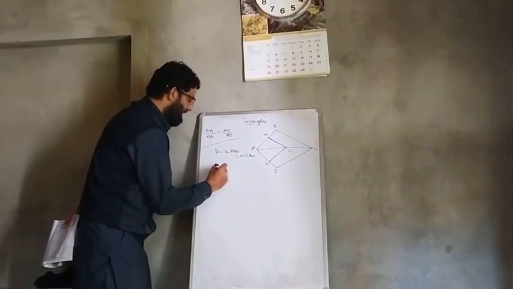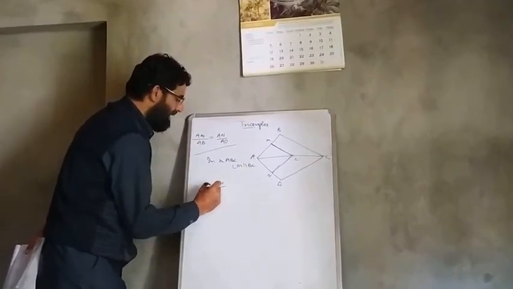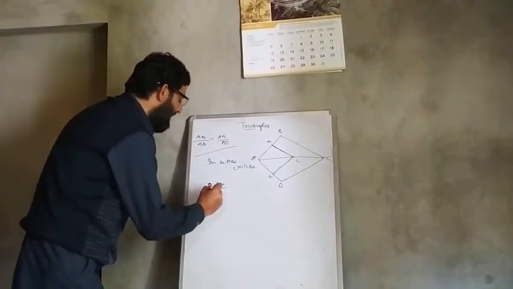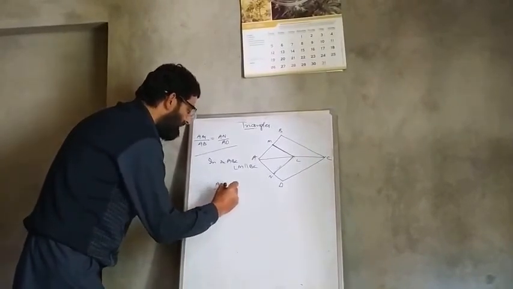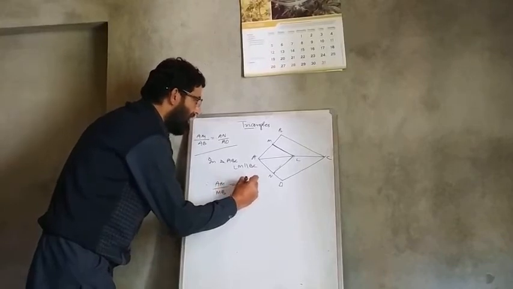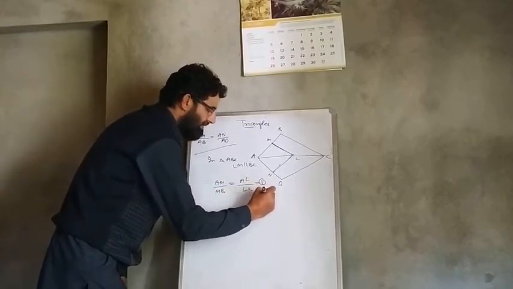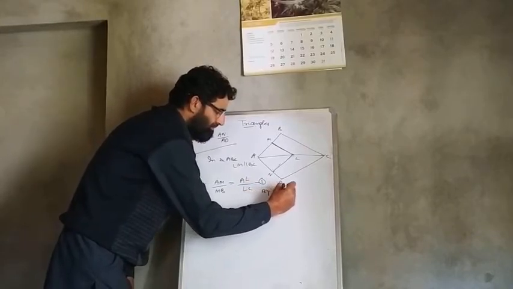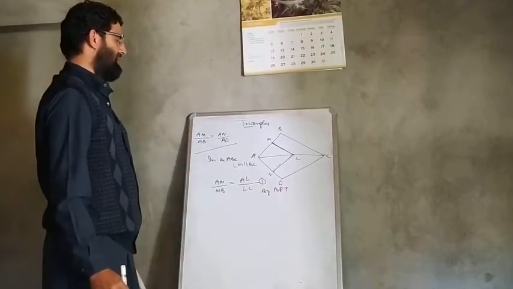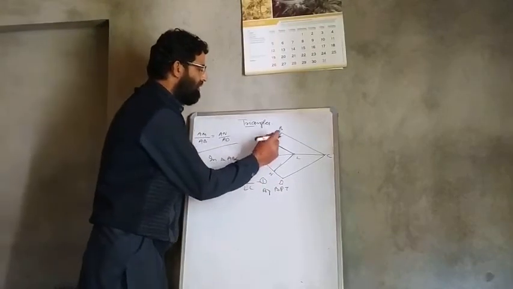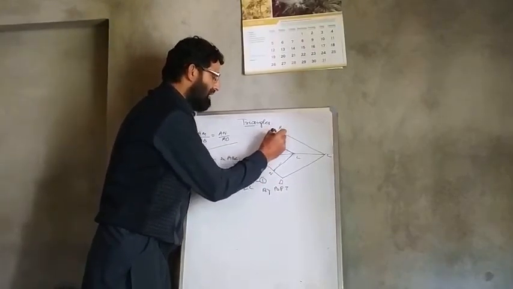Therefore, AM divided by MB is equal to AL divided by LC. Name this equation first, by BPT, by basic proportionality theorem.